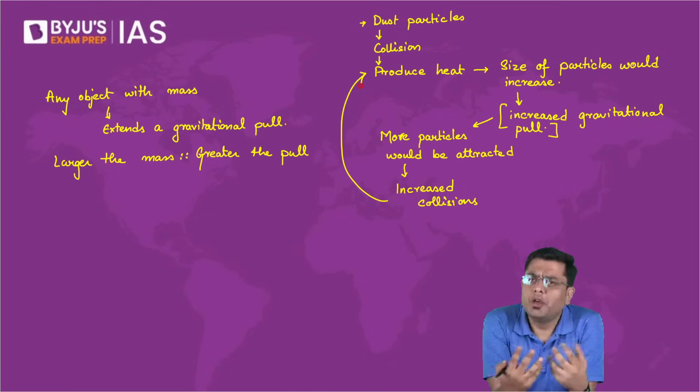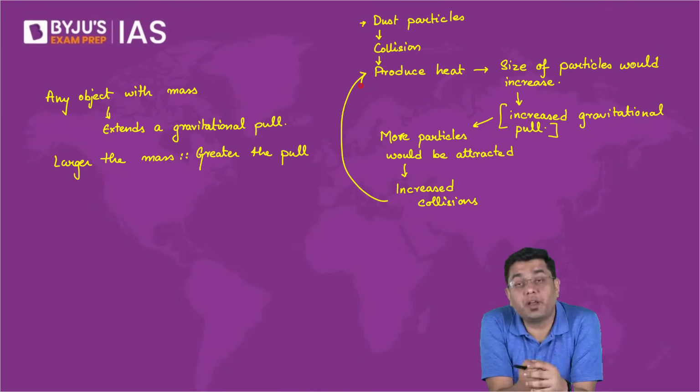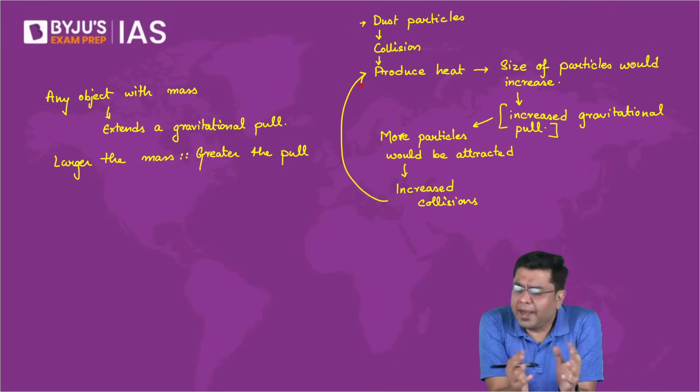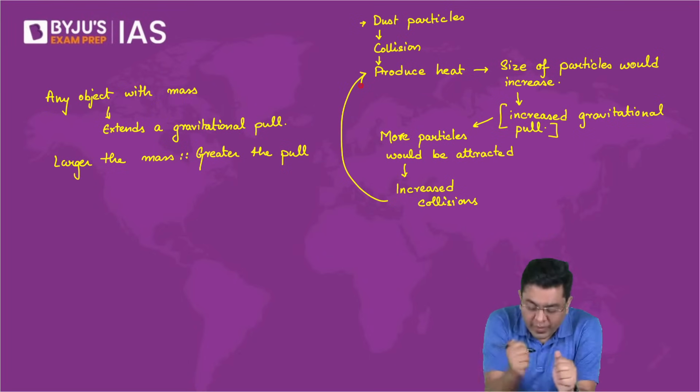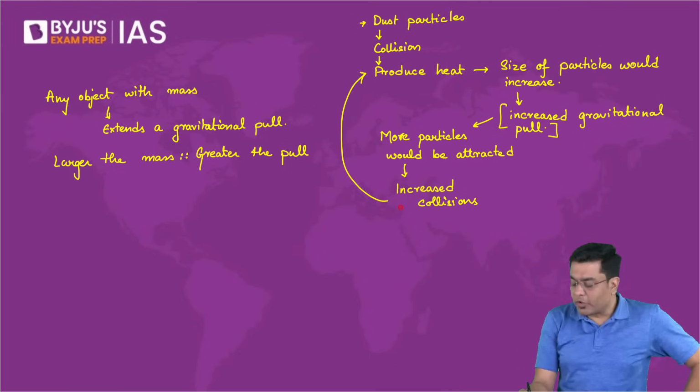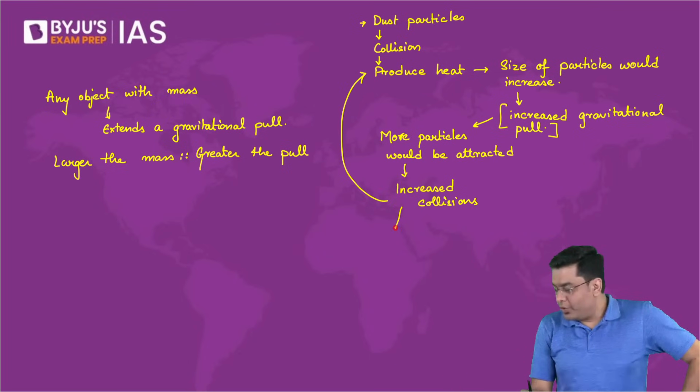So such very large masses would be created rather than those dust particles. And those were referred to as the building blocks of the planets themselves. That is also referred to as a planetesimal. So eventually, increased collisions led to the creation of planetesimals.